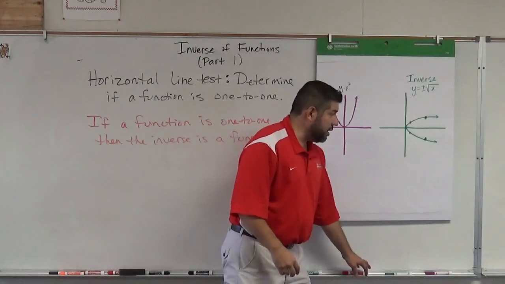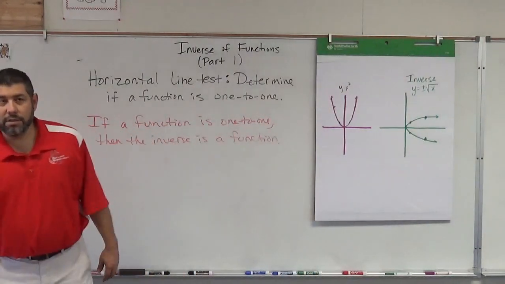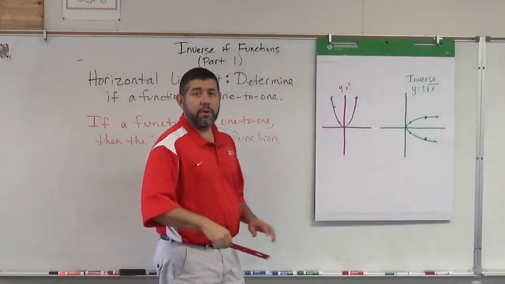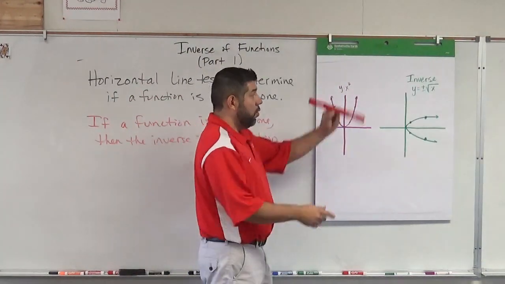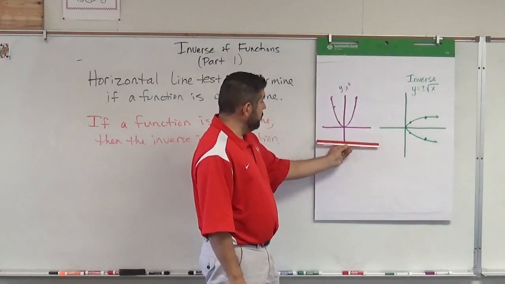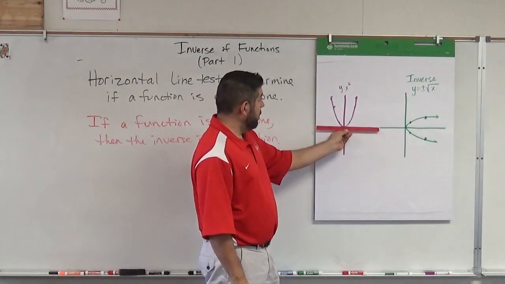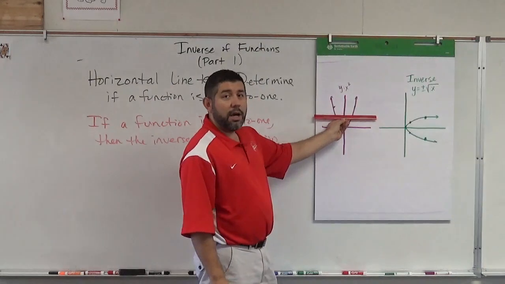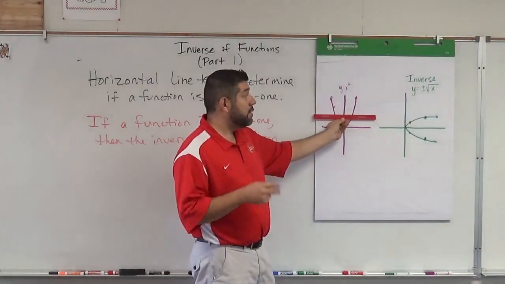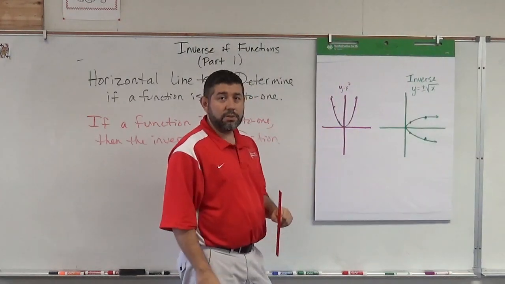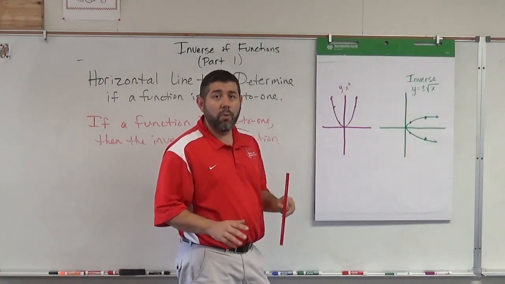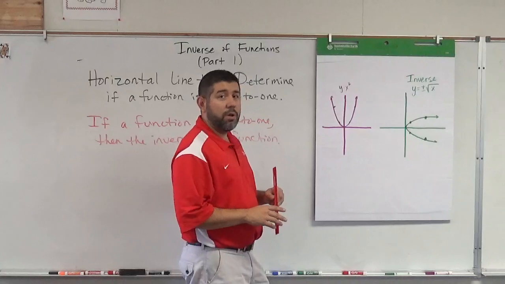But notice here that if I took, similar to the vertical line test, remember the vertical line test tells us if something is a function, so if I took my horizontal line and I move this horizontal line up through my graph, I hit that graph twice. It crosses at 2 points, which would tell me that y equals x squared is not 1 to 1. It's not 1 to 1.